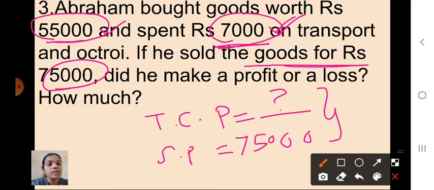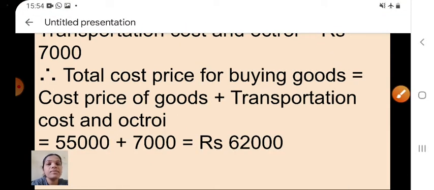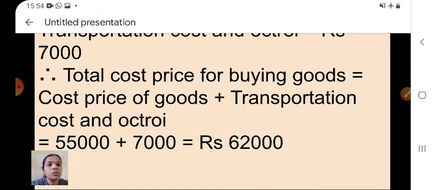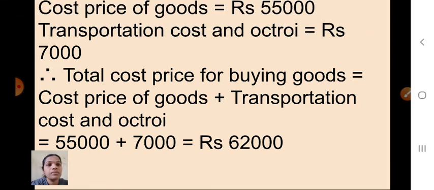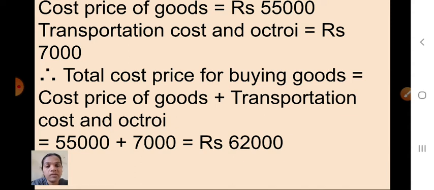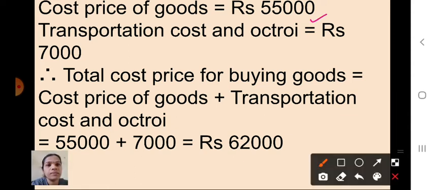Children, in the next slide I have given the statement: cost price of goods, that is 55,000. Whatever statement you get from your question, you have to write first. Transportation cost and octroi, that is 7,000 rupees.